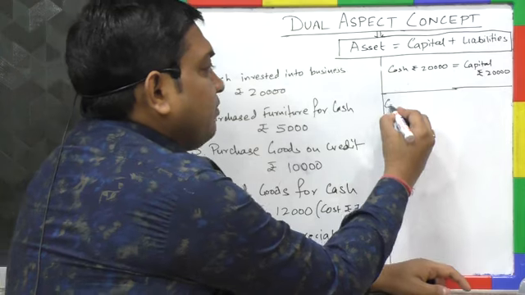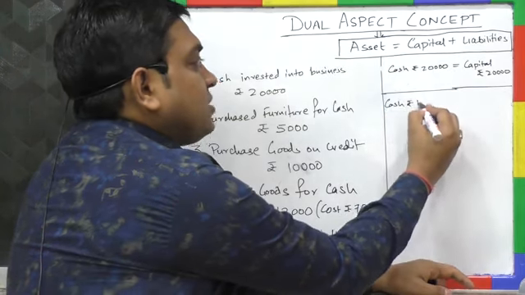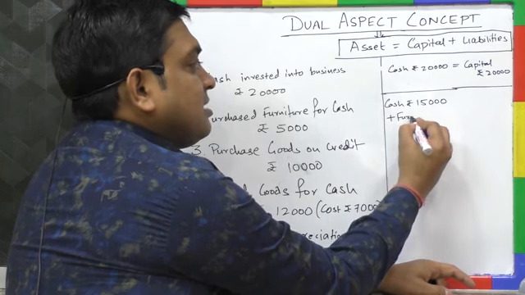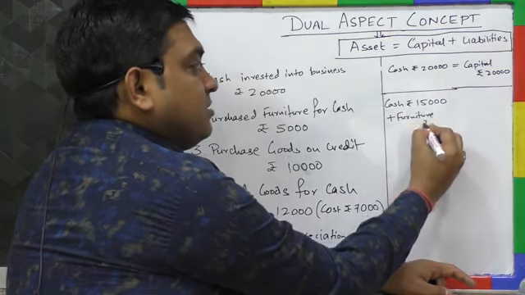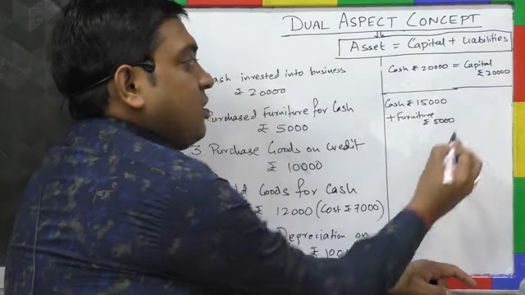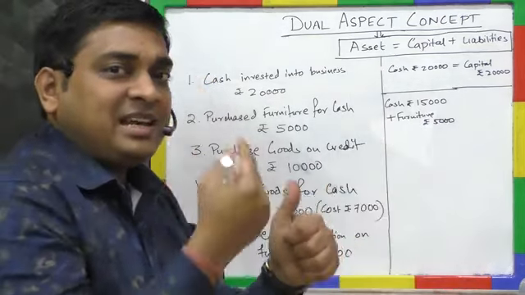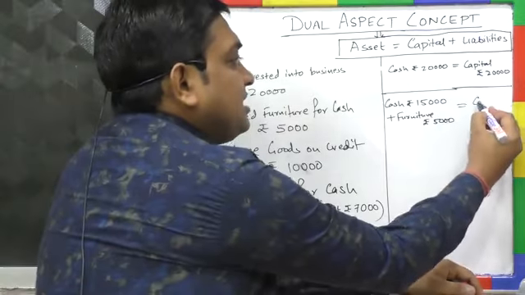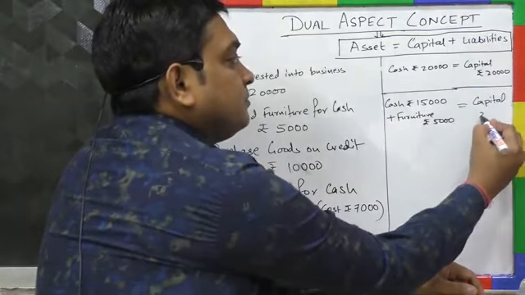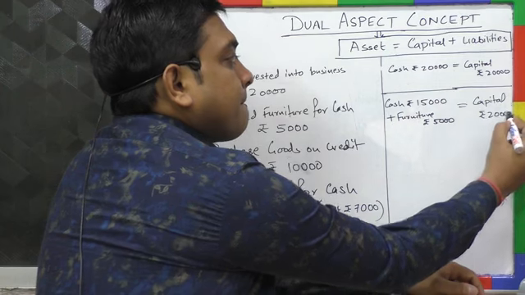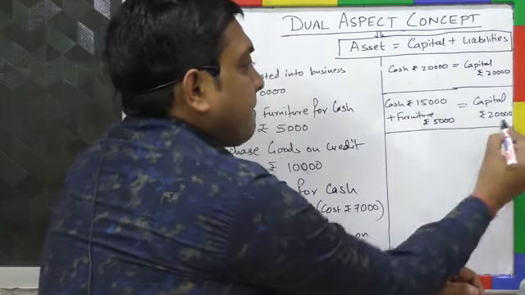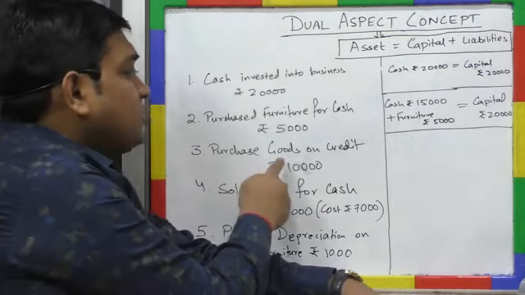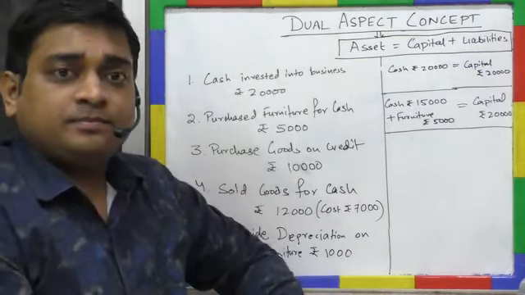So my cash resource will now be 15,000 plus I will have furniture rupees 5,000. So you can see that there is an increase in one resource and a decrease in another resource. As a result, this equation is still good. Yes or no?